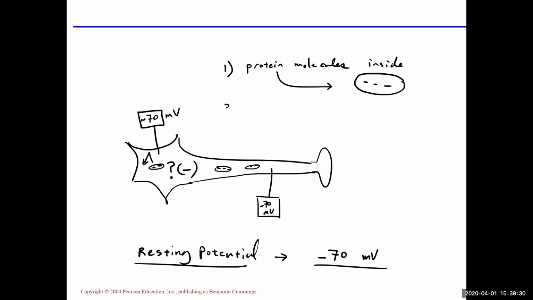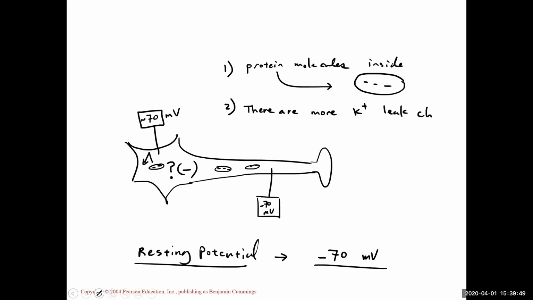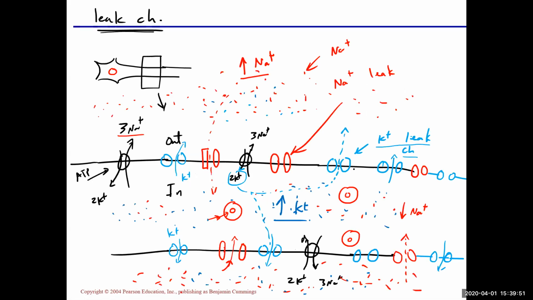Number two, there happen to be more potassium leak channels. So earlier we mentioned, remember, the blue ones were for the potassium leak channel.